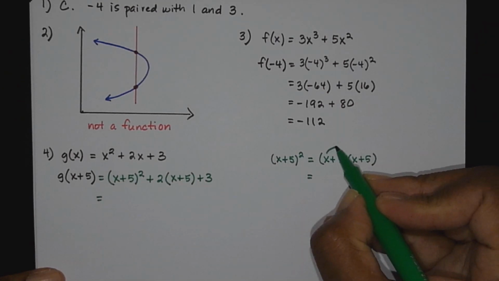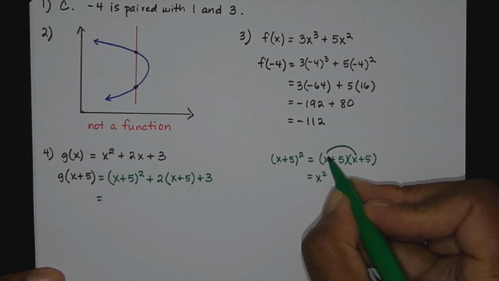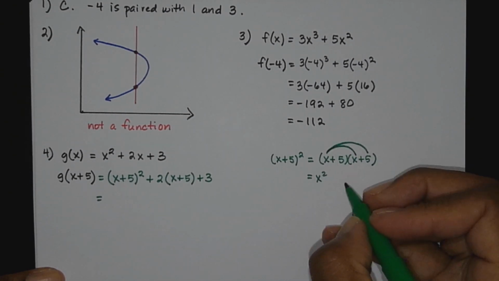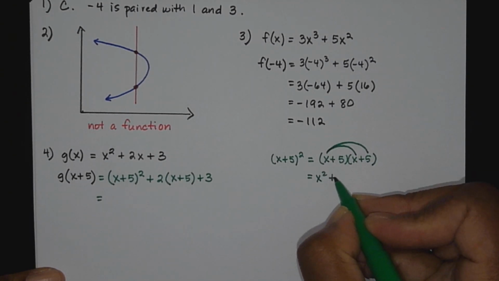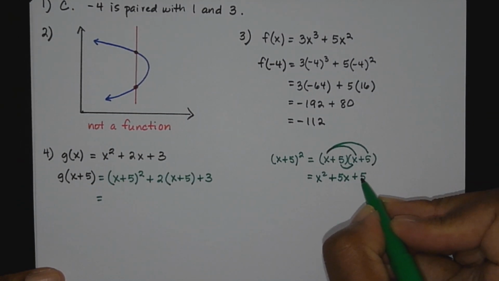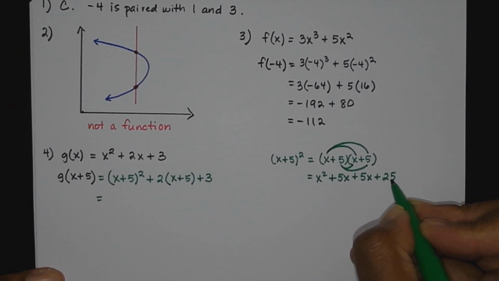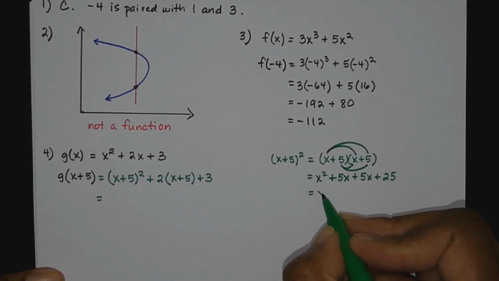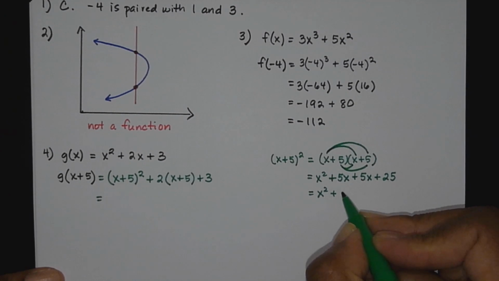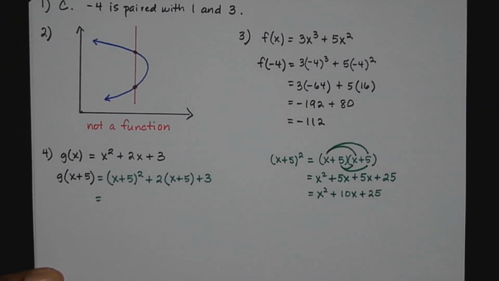In this case, x times x is x squared, the outer, x times 5 is 5x, the inner, plus 5x, and then plus 25. Combine like terms here, you're going to have x squared plus 10x plus 25. That's what x plus 5 quantity squared would be.